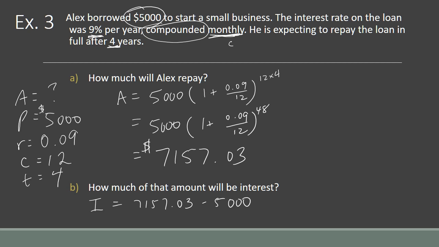In other words, the future value, the accumulated value, minus the principal. And a very quick calculation tells you that $2,157.03 was interest.